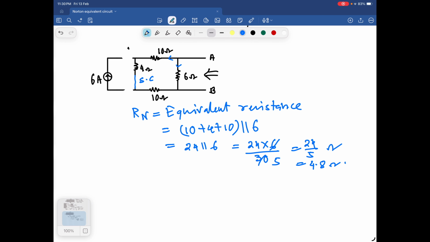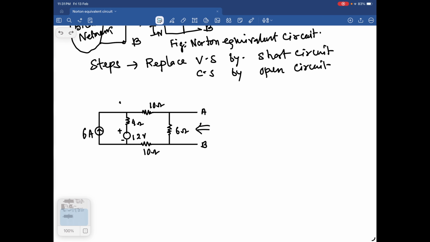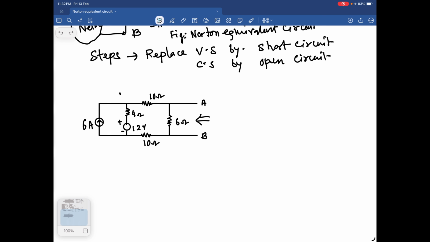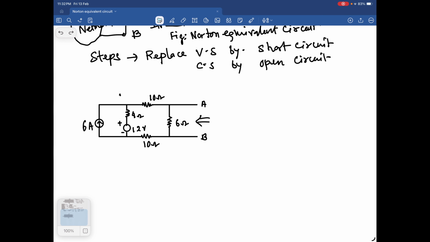Now the next step is we have to find out the short circuit current. So what to do? We have to again redraw the circuit for finding the current.